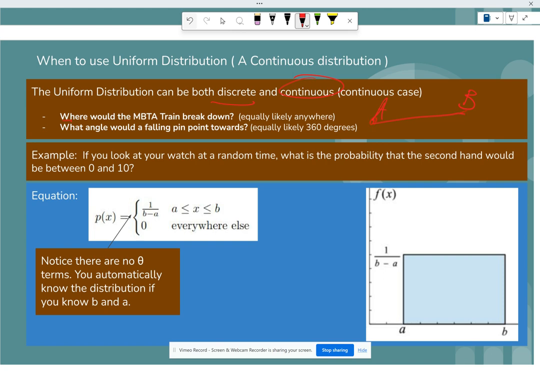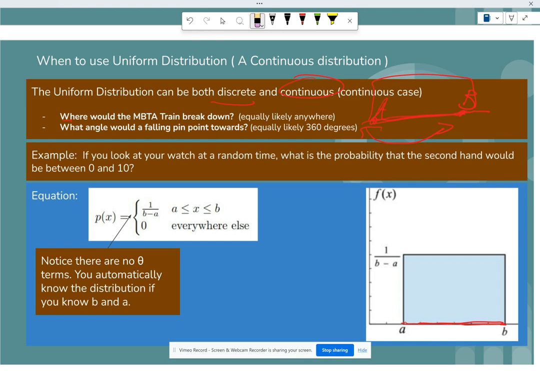Where would the train break down between A and B? Well, let's say it's equally likely to break down, then that would be a uniform distribution. And the distance is continuous, right? So from A to B, the distance is continuous. So it can break down at any one of these points.